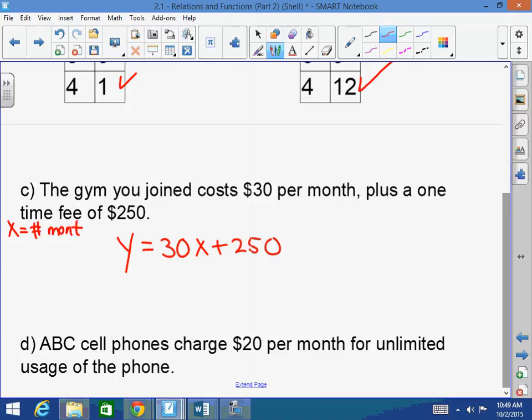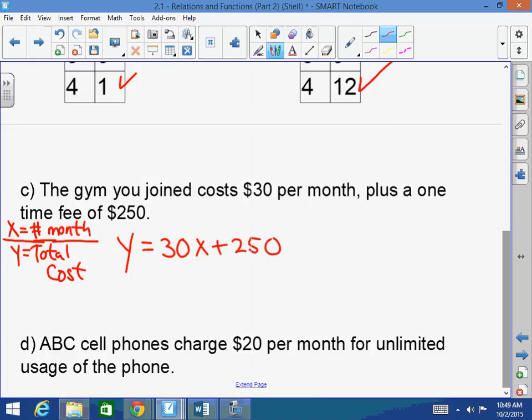Get used to labeling things, guys. It really helps you out. And what would y be? The monthly cost. Well, actually, no, the total cost, because it depends on how many months you buy. So yeah, total cost. Very good. Does that make sense?